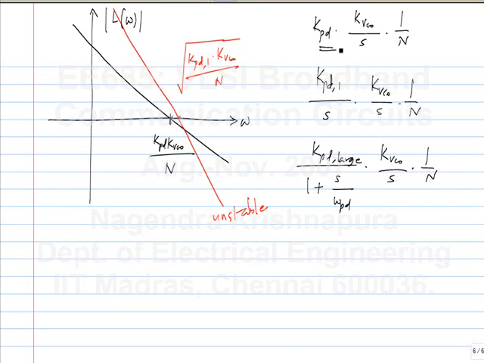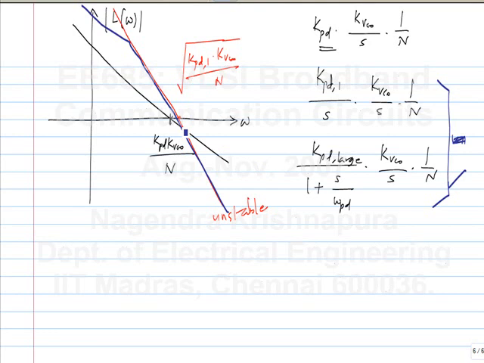Then the response will follow first order and then second order, and this is also unstable. So both of these are unstable. Applying the criterion of the slope at the unity gain crossing, we can see that it is unstable.